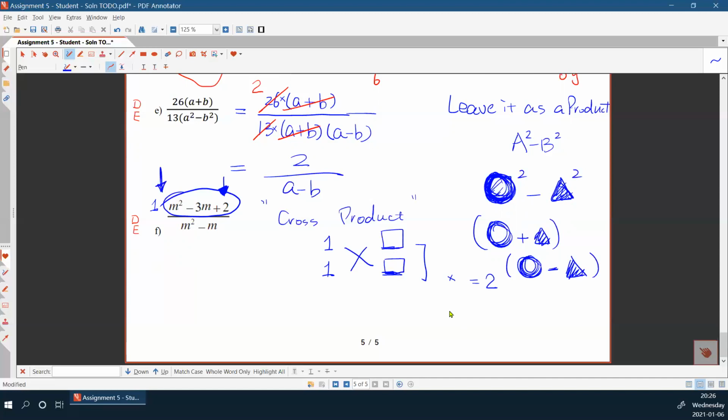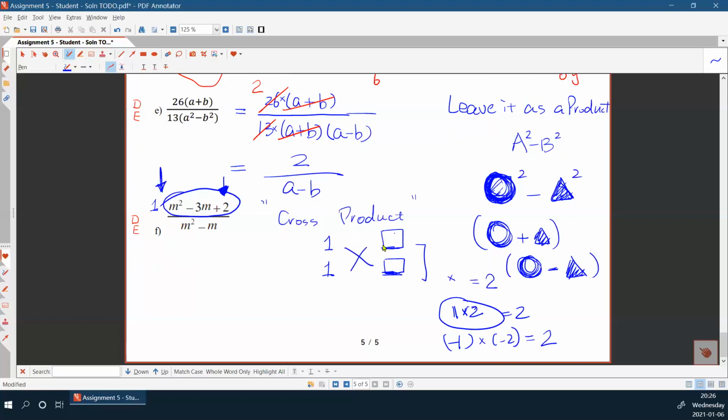So that means the product of these two numbers should be 2. This gives us 1 times 2, only one possible factoring way, right? So we can guess. 1 by 2 can give us a 2. -1 by -2 can also give us a 2, right?